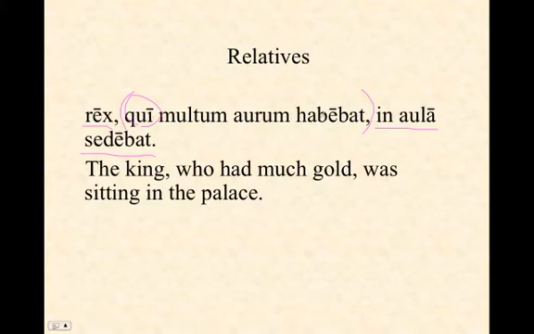Who had much gold. Qui is the nominative singular relative going back to a masculine antecedent. Notice in this relative clause, who had much gold. The qui here is the subject of this verb. That's going to be important because there are relatives that are not nominative or subjects.